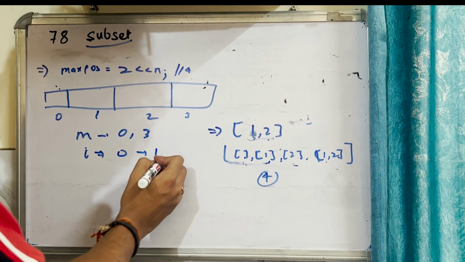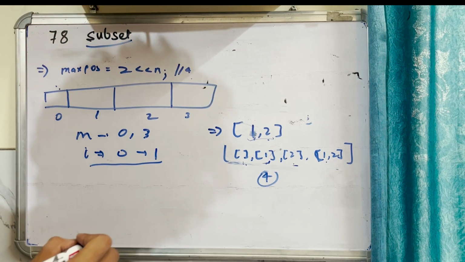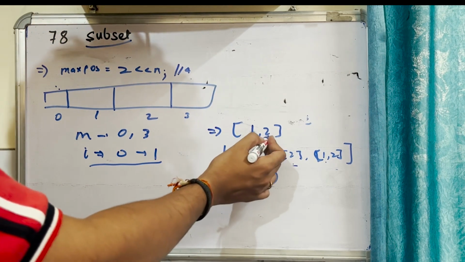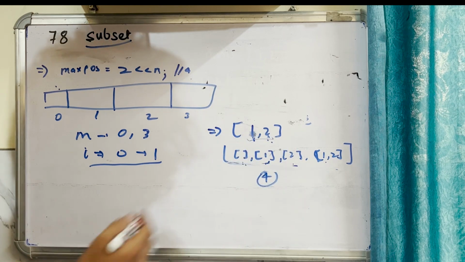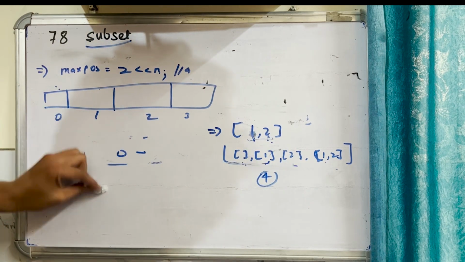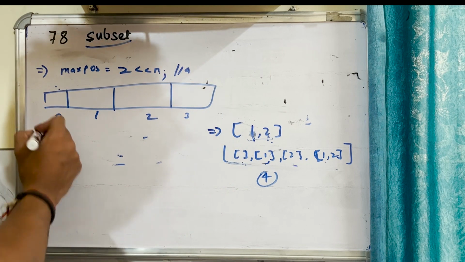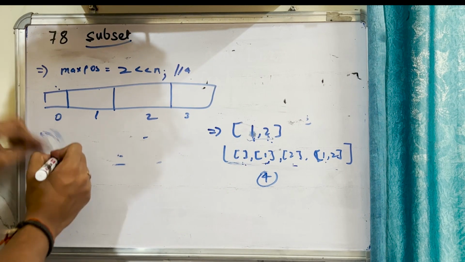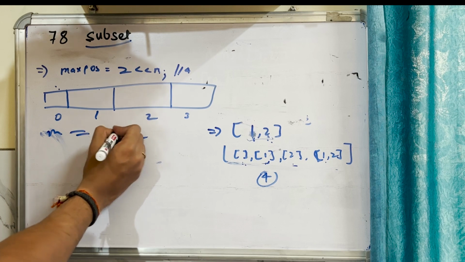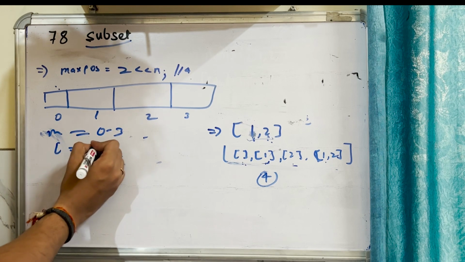Basically what we are doing, we are checking whether to take an element or not using bits. For example, m will vary from 0 to 3, and i will vary from 0 to 1.